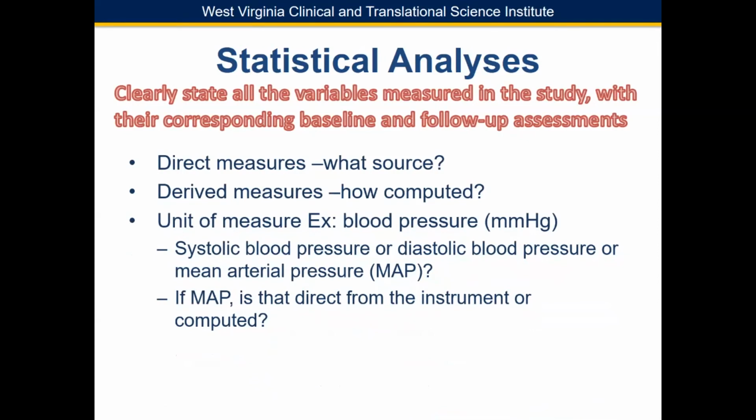This is going back to ALCOA, making sure that you have the units next to the measure: systolic blood pressure, diastolic blood pressure, or mean arterial pressure, known as MAP. If it's MAP, is that direct from the instrument or is it computed? Making sure that you have that in your statistical analysis. How is that going to be captured?